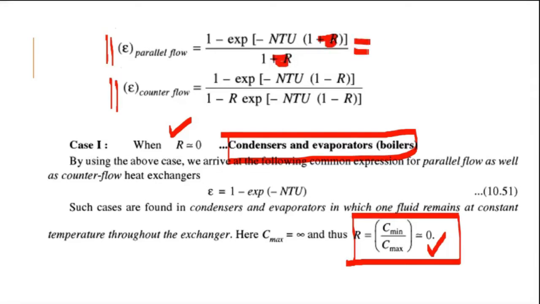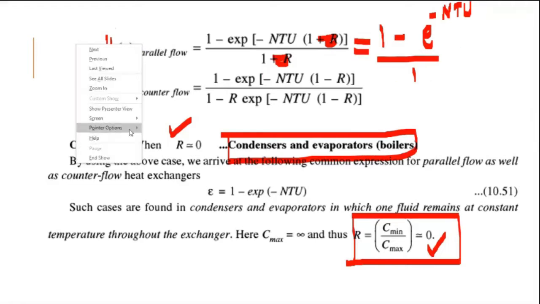And this gives us effectiveness equal to 1 minus exponential minus NTU, which is nothing but e to the power minus NTU. This is what exponential means. Do not get confused with exponential. This term means 1 minus e to the power minus NTU, whole divided by 1. Is this part clear to all? Yes, sir.